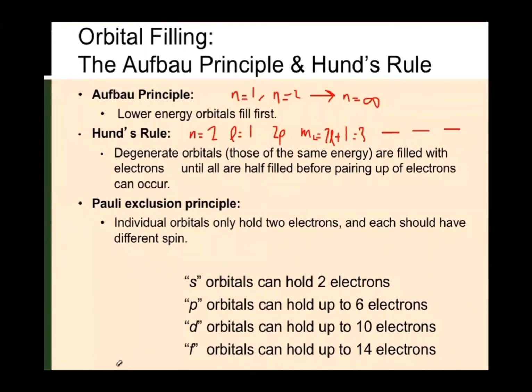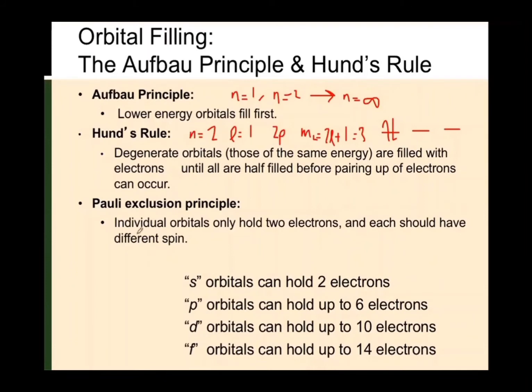What we wouldn't do is, for example, say we had 2 electrons, put both of them into the same orbital at once. We must always half fill the degenerate orbitals before we fully fill them. So degenerate orbitals, those of the same energy, are filled with electrons until all are half filled before pairing up of electrons can occur.